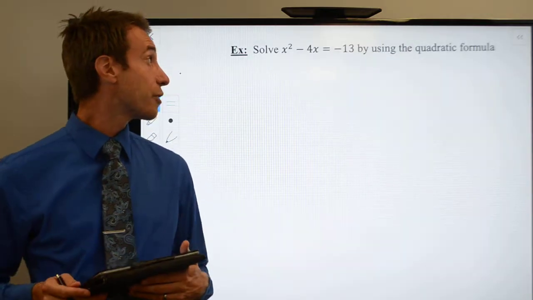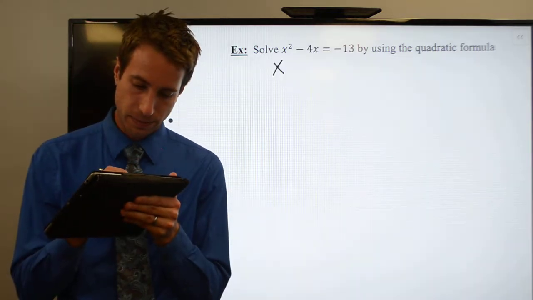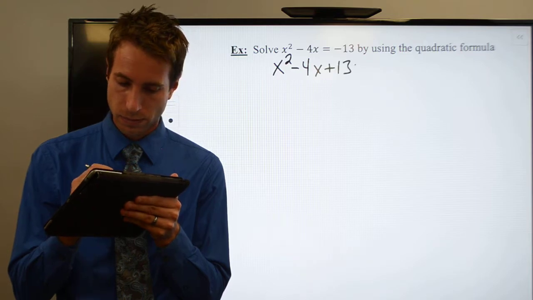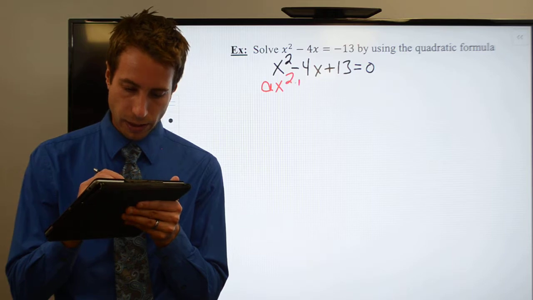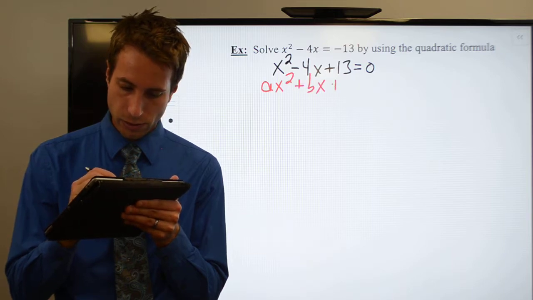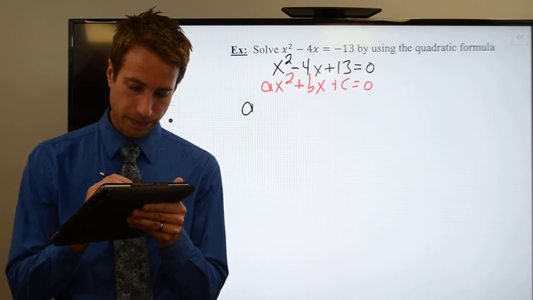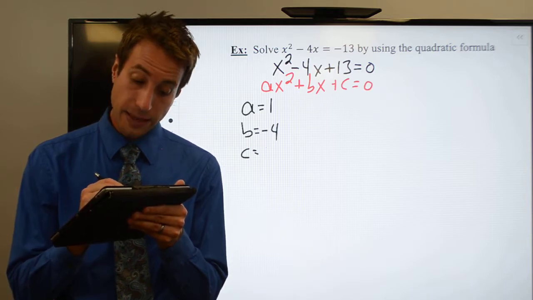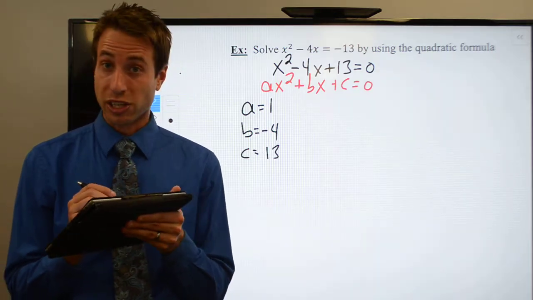We need it in standard form, so let's add that 13 to the other side. Good work. And a is equal to 1, b is -4, and c would be 13. Yeah, plug and chug.